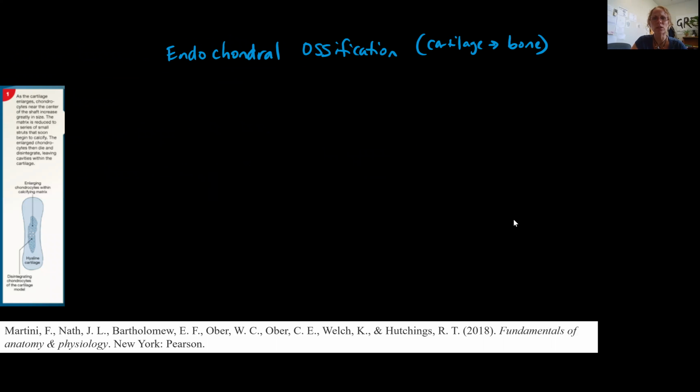Okay, so let's take a look at the diagrams provided for us in our textbook. What we see happening first is that the fetus is going to form these primitive limbs, and they're going to do this by making hyaline cartilage first. And then we're going to see some changes happening in the hyaline cartilage.